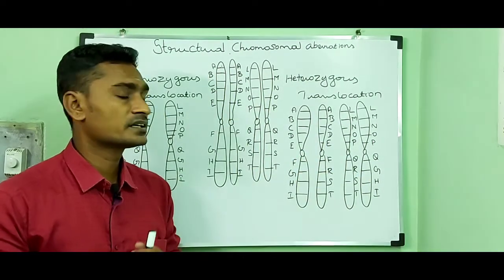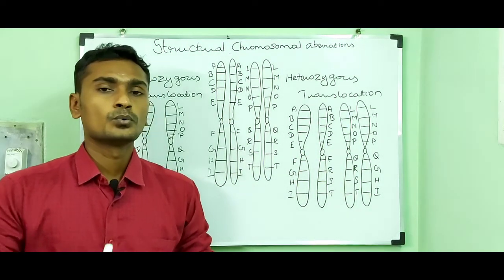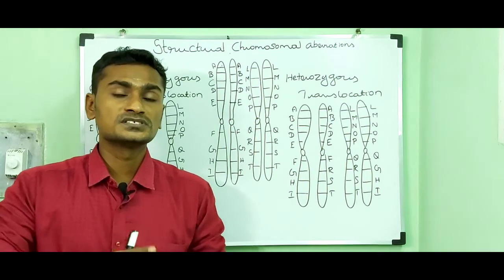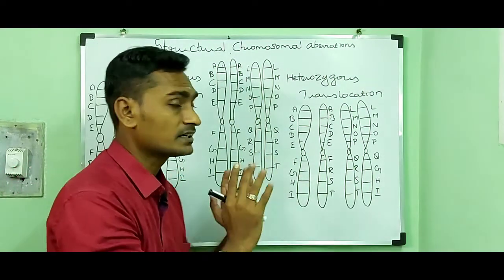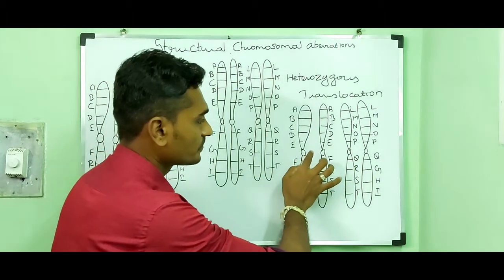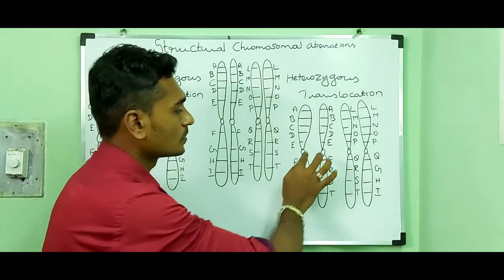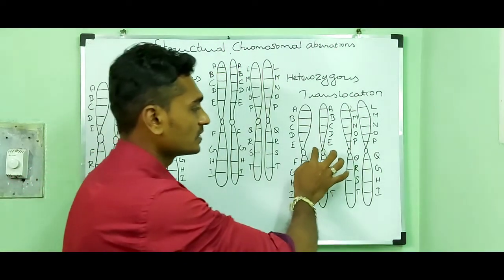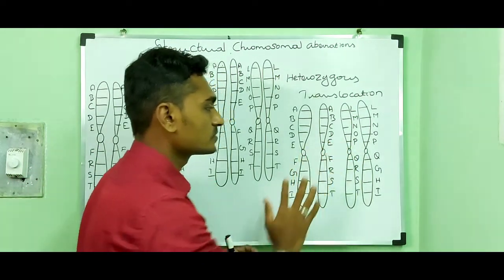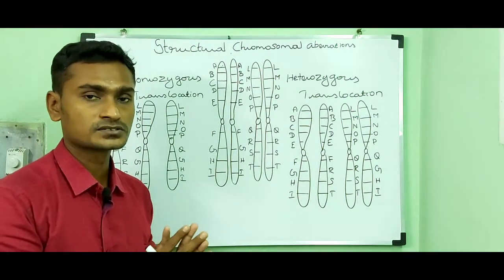In heterozygous translocation, only one of the chromosomes is involved in the translocation process, and those chromosomes come from each homologous pair. So here it shows two pairs of homologous chromosomes.